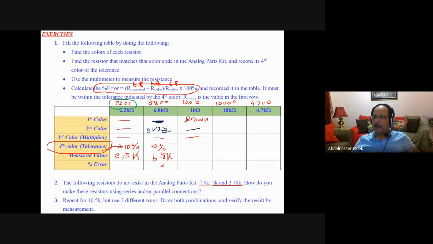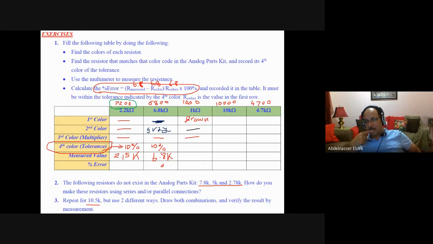Second, here repeat for 10.5K. We need to do it, but using two different ways. How can we make them? You have to think about how we can combine multiple resistors to give you 10.5K. We have 10K. Then in this case, how can I make 0.5?